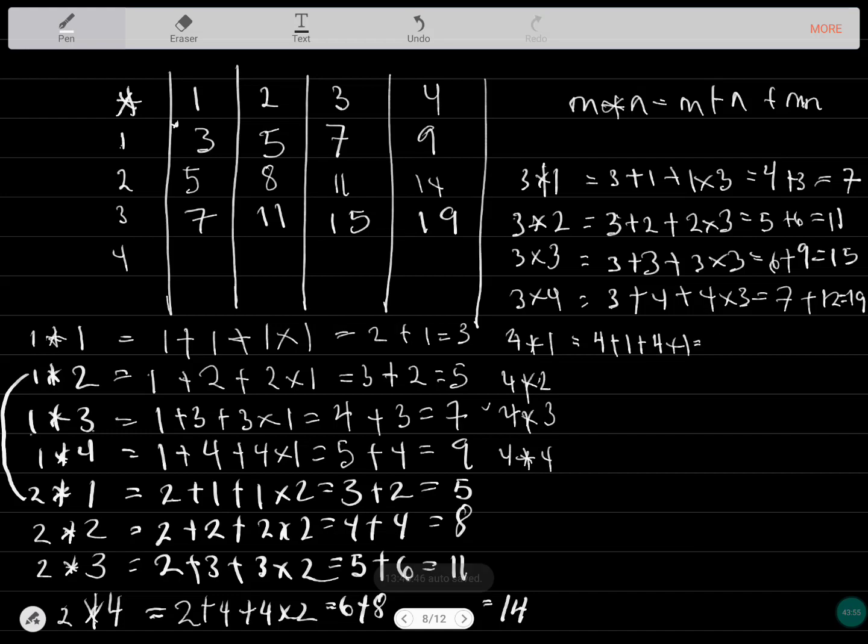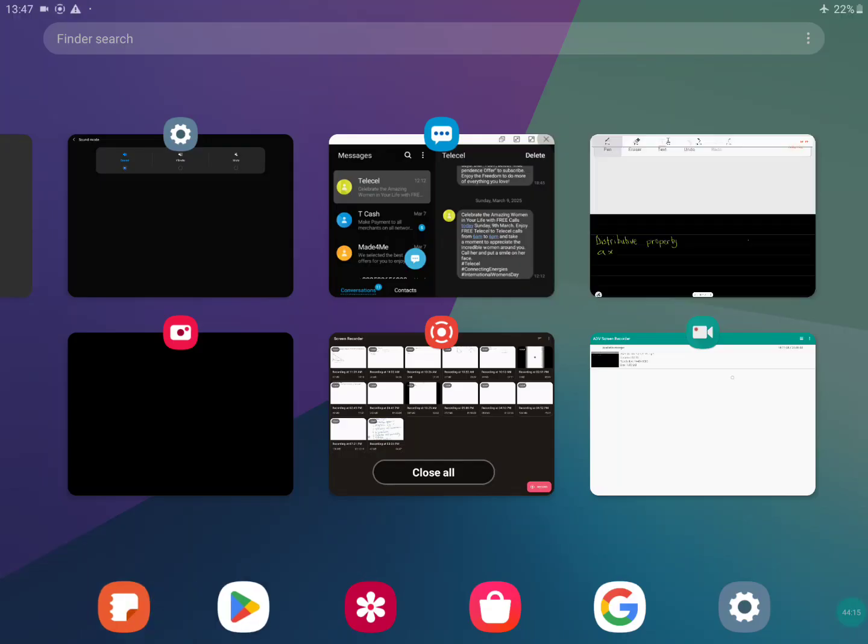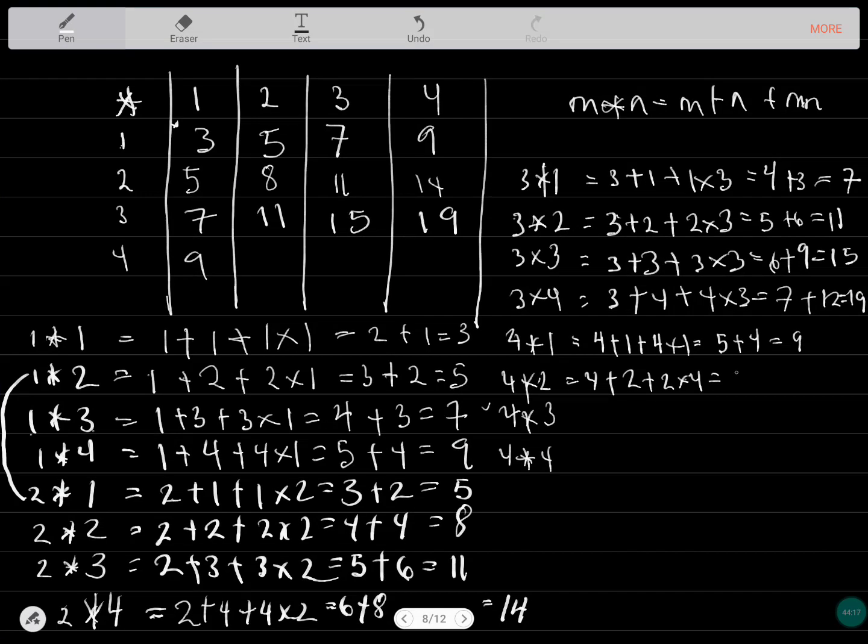That would give us 5 plus 4, which results to 9. 4 star 2 would be 4 plus 2 plus 2 times 4. And that would be 4 plus 2 is 6. 2 times 4 is 8. And that would result to 14.